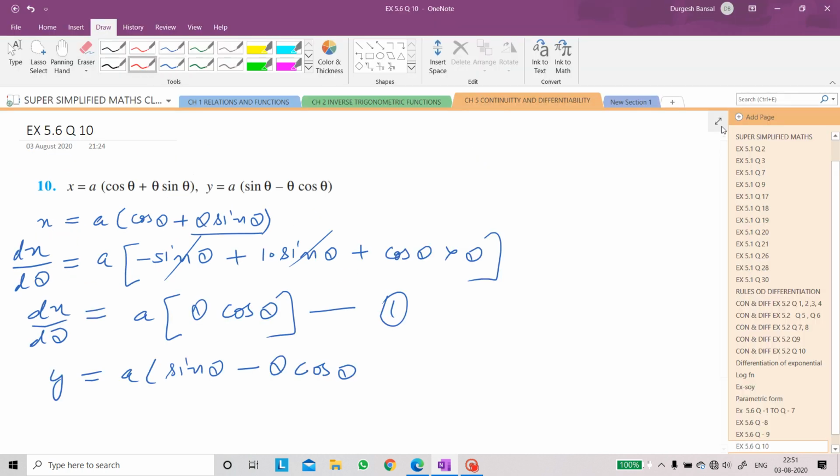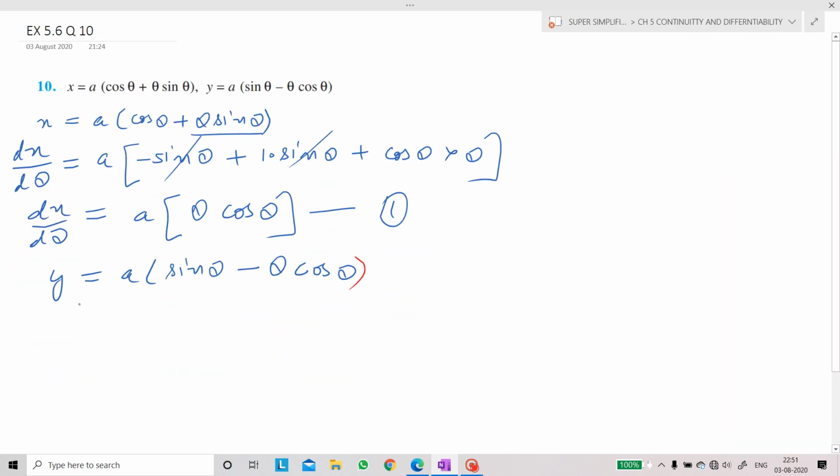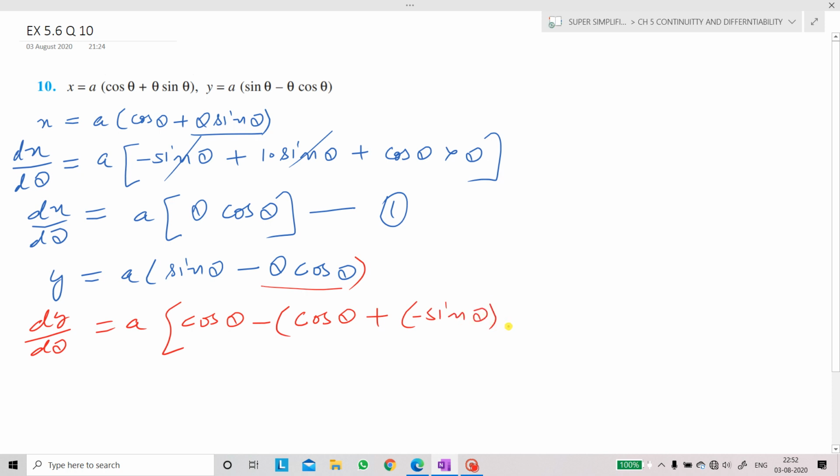So differentiating this with respect to theta, a is a constant. Derivative of sin theta will be cos theta, and we have to differentiate theta cos theta with product rule. Derivative of theta is 1 into cos theta plus derivative of cos theta is minus sin theta into theta, and we close the bracket.